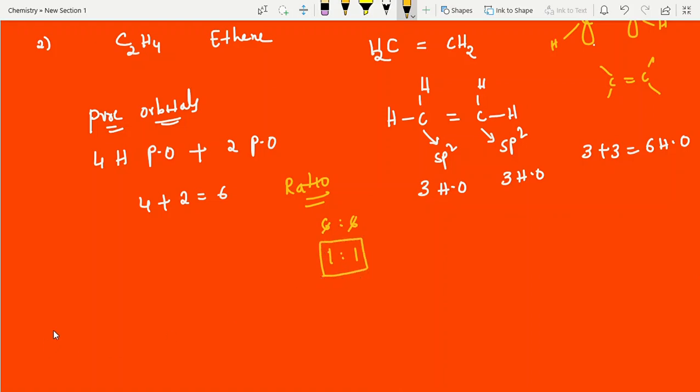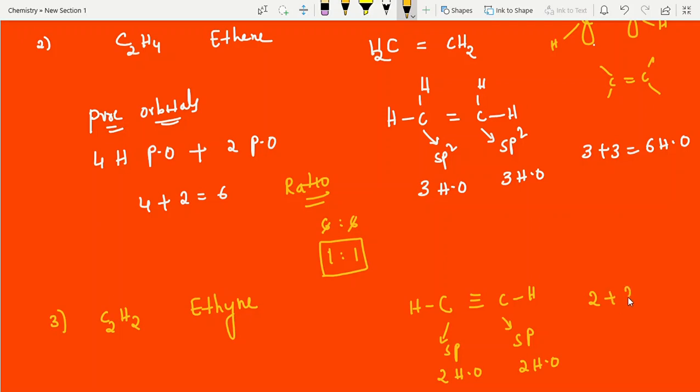Finally, next question. C2H2. What is C2H2? We call it ethyne. Write the structure. CH triple bond CH. See, at least one side triple bond. What is the hybridization? sp means 1 plus 1, 2. 2 hybrid orbitals are involved. Here 2, here 2, totally 2 plus 2, how much? 4 hybrid orbitals.